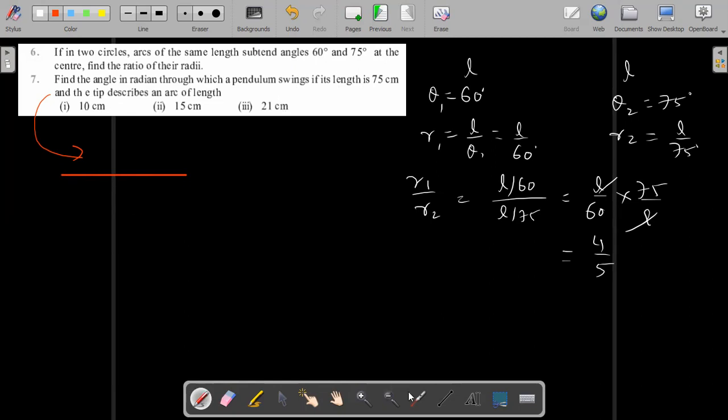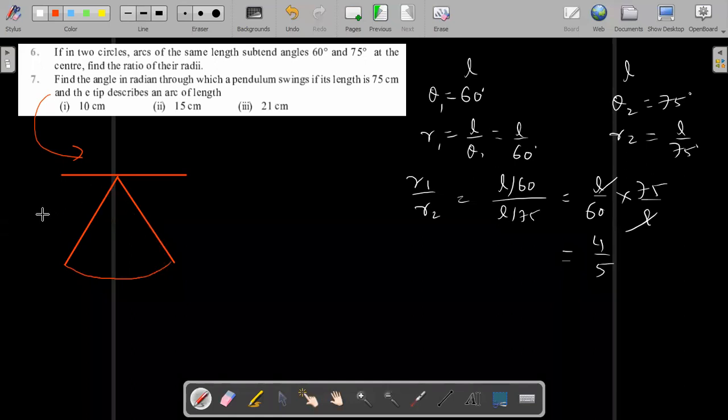When it is swinging, it will go like this and it can go like this. So we can say that this will be the circular path of the pendulum, and its length is 75 centimeters.